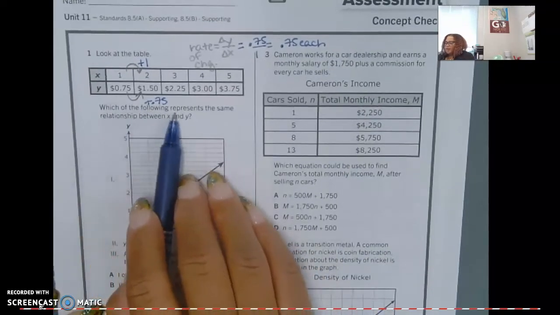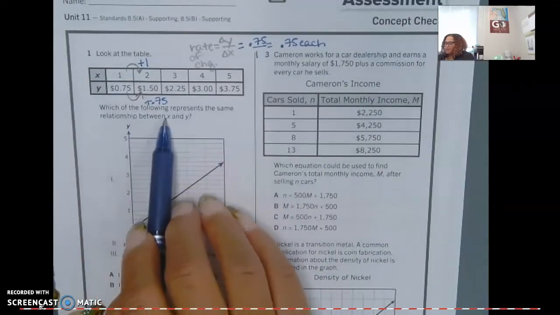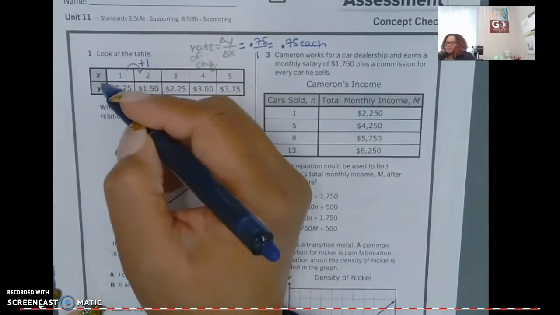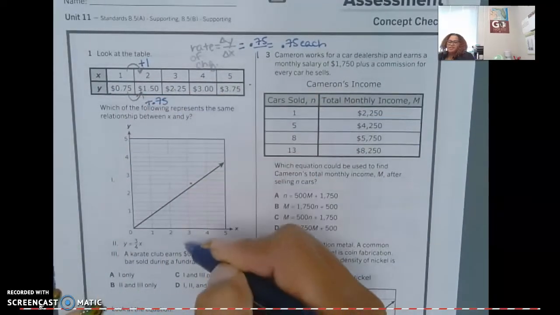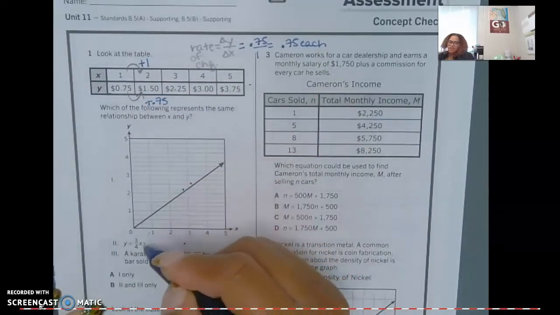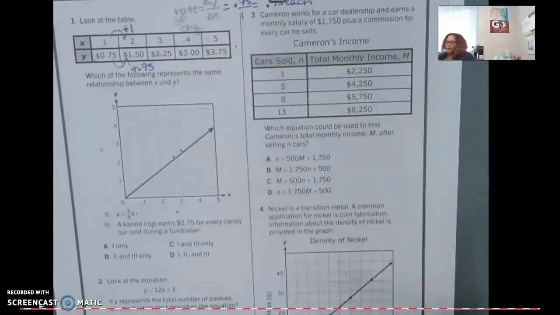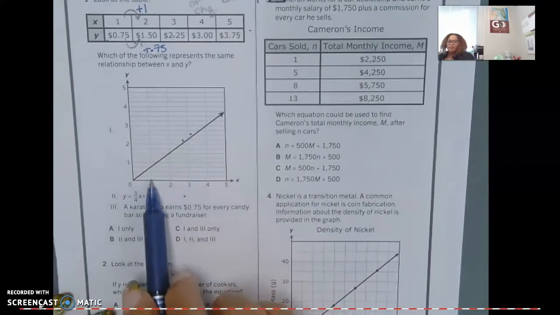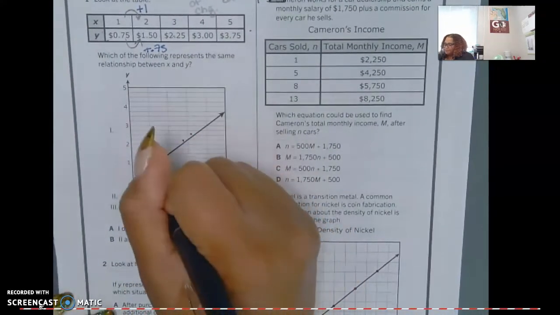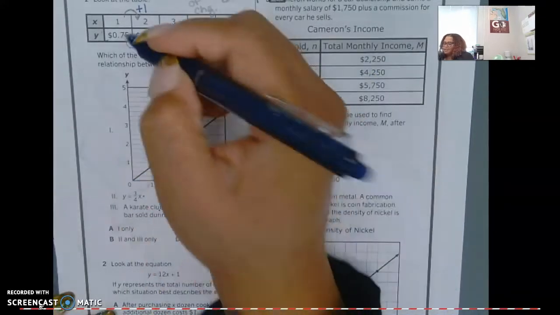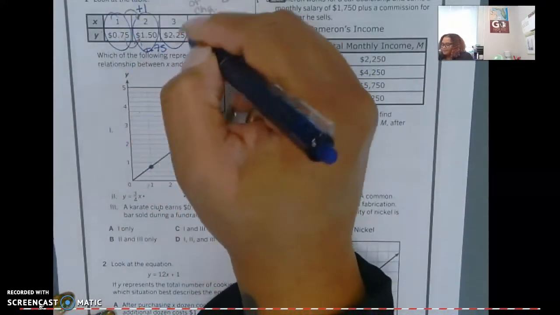Then the question says, which of the following represents the same relationship between x and y? So I need this table here to match these graphs, equations, and verbal situations. So every point that I run and jump at on my line has to match these points here.